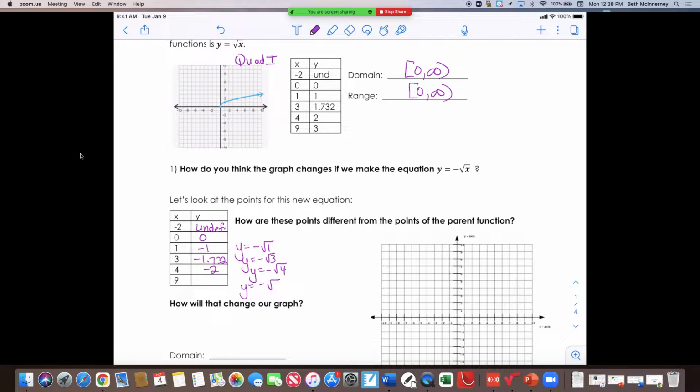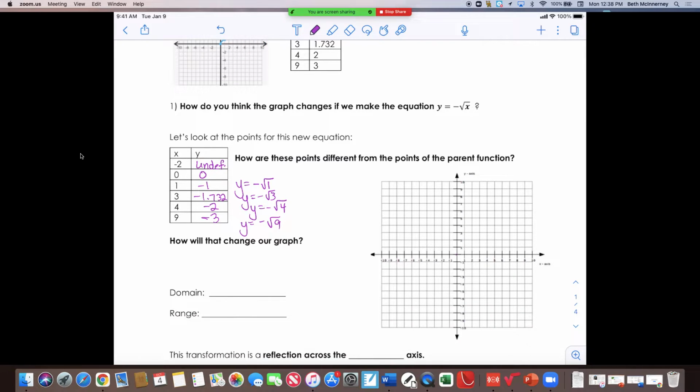And negative square root 9 is negative 3. So let's plot these. So I still have 0, 0, positive 1, negative 1, 4, negative 2, and 9, negative 3.